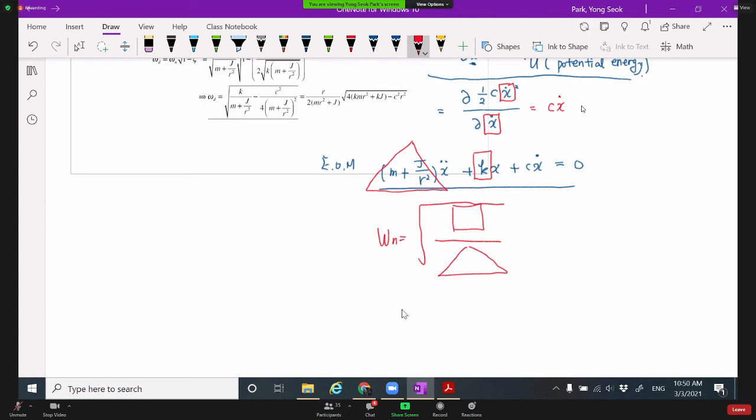If someone asks me what is omega D, then omega N times square root of 1 minus zeta squared. And what is zeta again? C over 2 times the square root of K M.